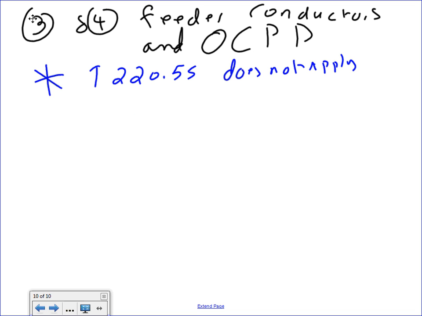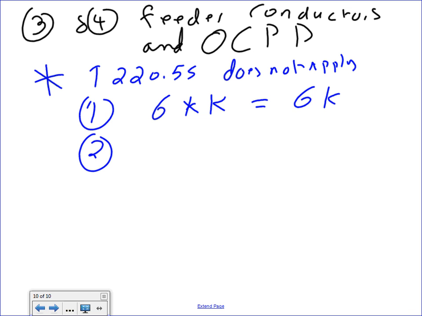I'm going to grab number 1. For number 1, guys, how many of them do I have? I have 6 times 1K equals 6K. Done. For number 2, how many do I have? I have 5 times 1.75, right?